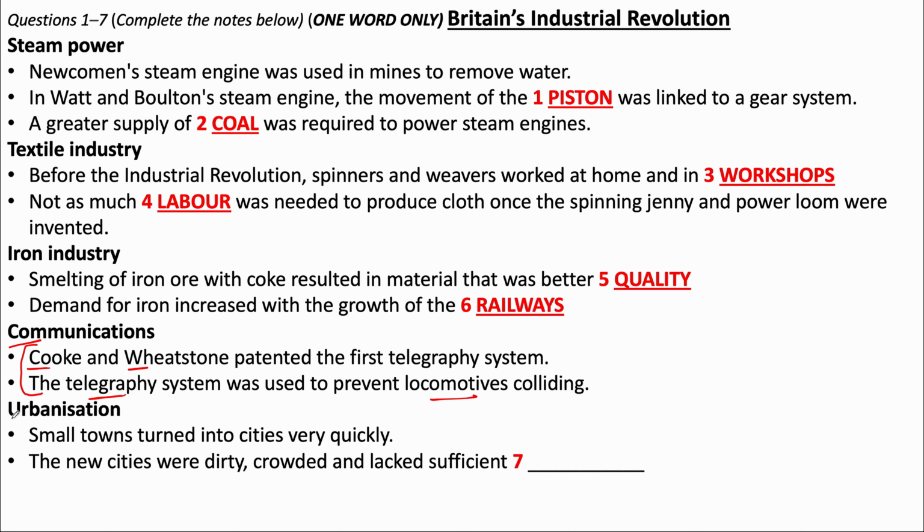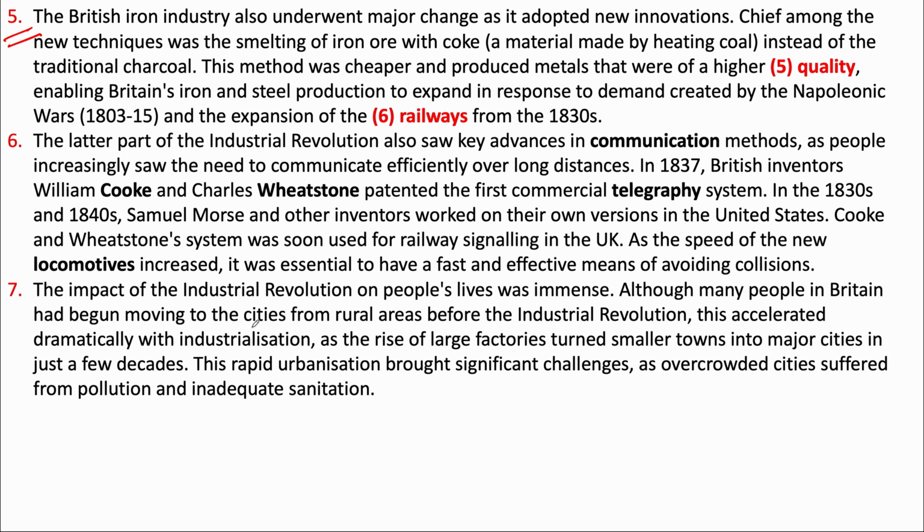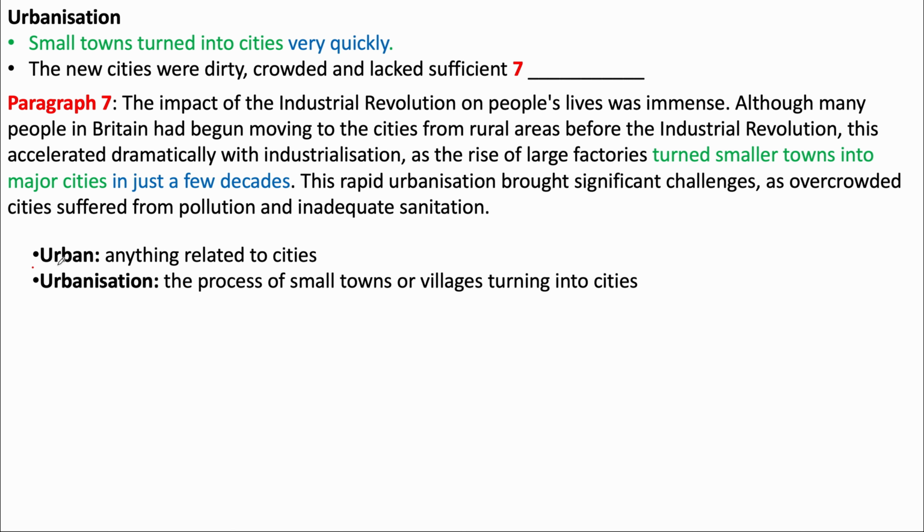The heading of the next part is urbanization. Words such as towns and cities from this part are mentioned in the seventh paragraph. So we skip the sixth paragraph and start searching from the seventh paragraph. Urban refers to anything related to cities.